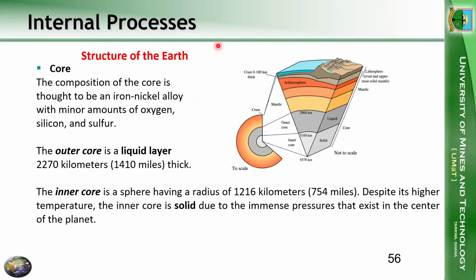And it is very solid because it doesn't flow, and that is due to the immense pressures that exist in the center of the planet. Because ordinarily, we know that the temperature in the middle of the core is about 4,500 degrees Celsius. At that temperature, we should expect the material to be liquid, but it is not because of the immense pressures acting there.